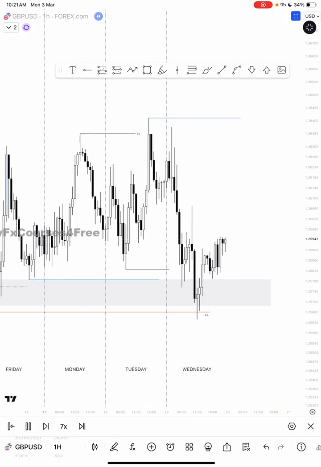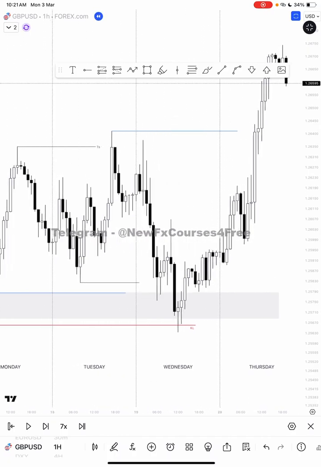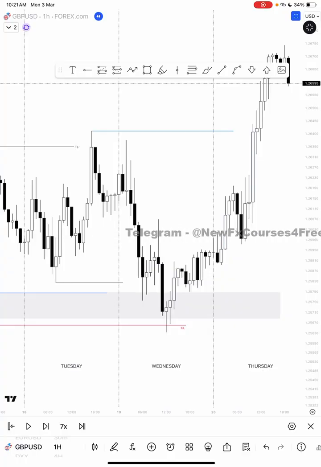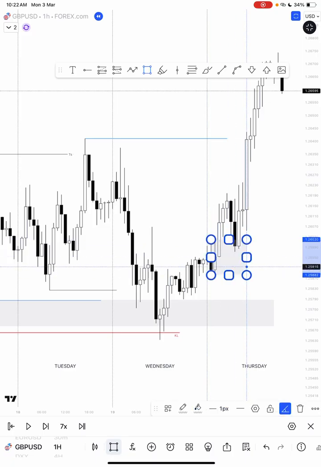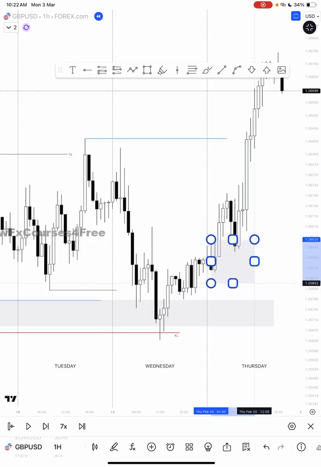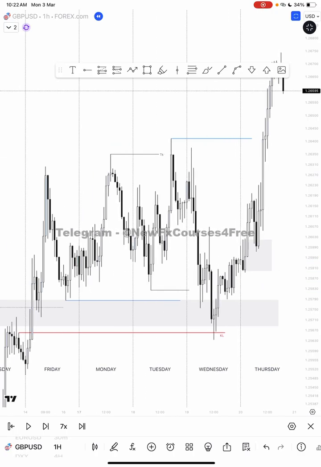So here, we got our draw on liquidity, which was taken out on Thursday. We got a slight retracement into this order block firstly before expanding higher.